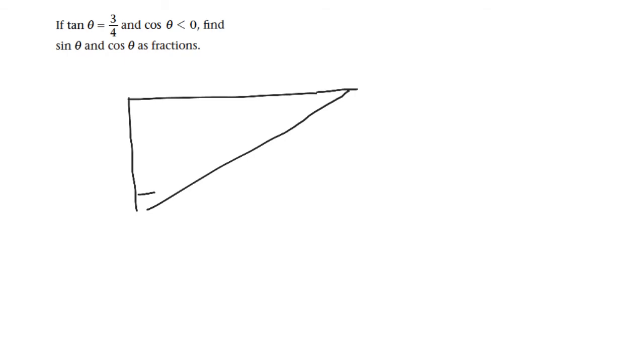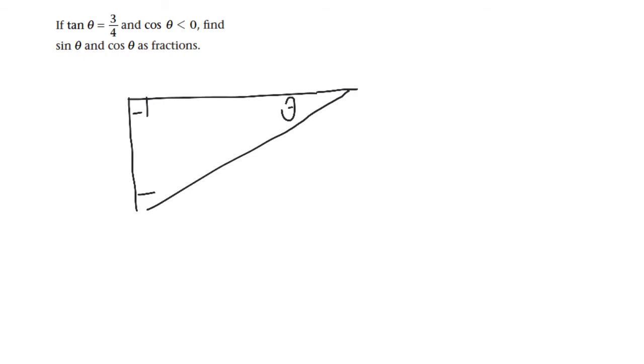So what I'm going to do is draw a very basic right angled triangle, which is really going to prove quite helpful for us. Now, what we do know is that we know this angle, let's call this angle here theta. We do know that tan of theta is 3/4. Now, we could go find what theta is there, but I don't want to. But what I instead want to do is say that tan theta is the opposite over the adjacent.